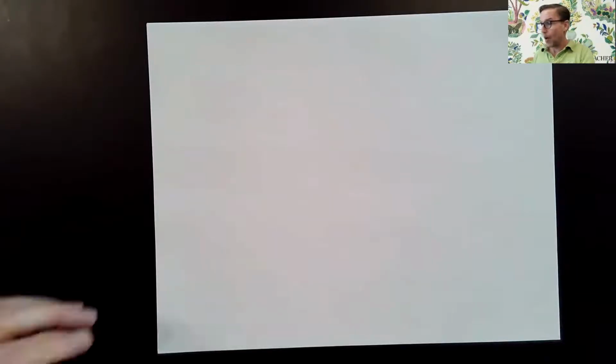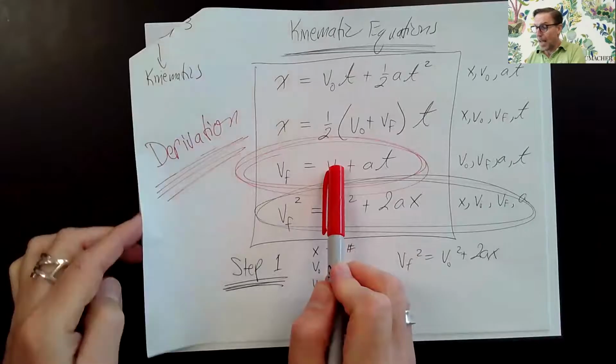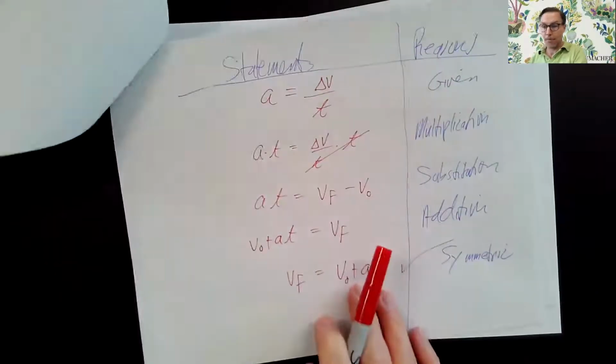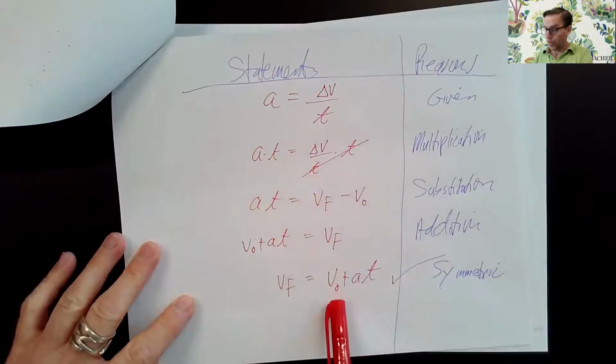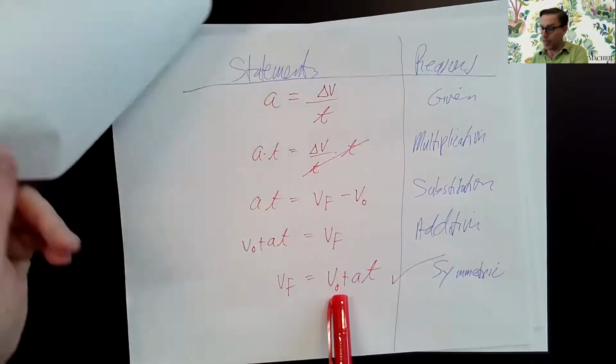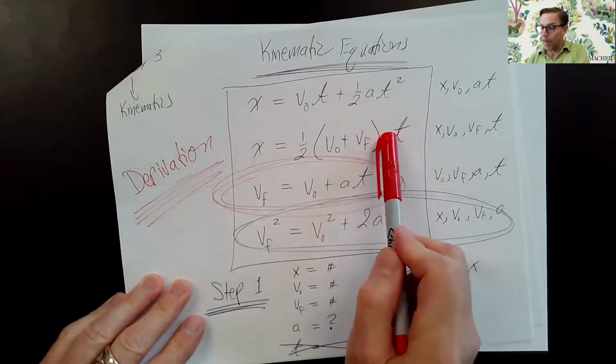Last time, I wrote all 4 kinematic equations, and I took this one that I circled, and I showed you where it came from. The definition of acceleration turned into V final equals V initial plus AT. Check, done. I want to now derive this one for you.